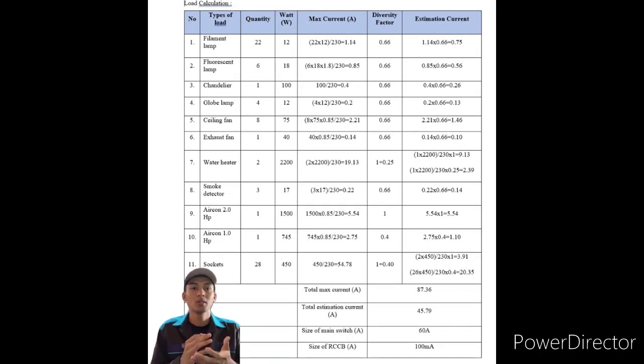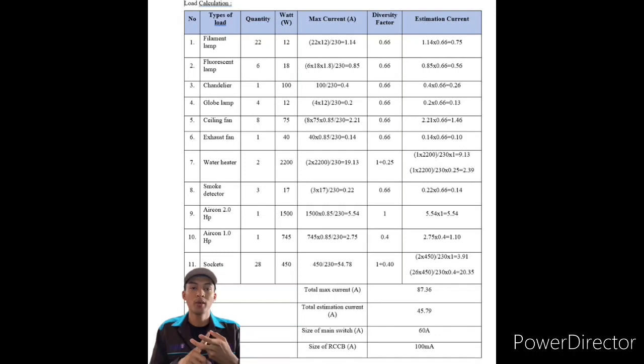For the first load, we multiply with 1, which is equal to full total usage. And for the next water heater, it will be multiplied with 0.25 for the diversity rate. So we will get a total of 9.13 plus 2.39 ampere.